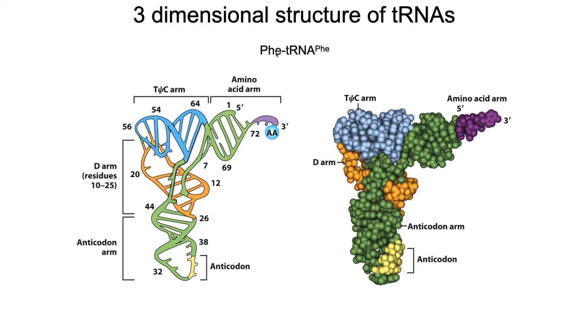So phenylalanine-tRNA-phenylalanine means it is a tRNA with an anticodon that binds to a codon that encodes phenylalanine and is indeed bound to a phenylalanine. It's important to know this sort of nomenclature because some of the questions that you might get might mix this up a little bit.